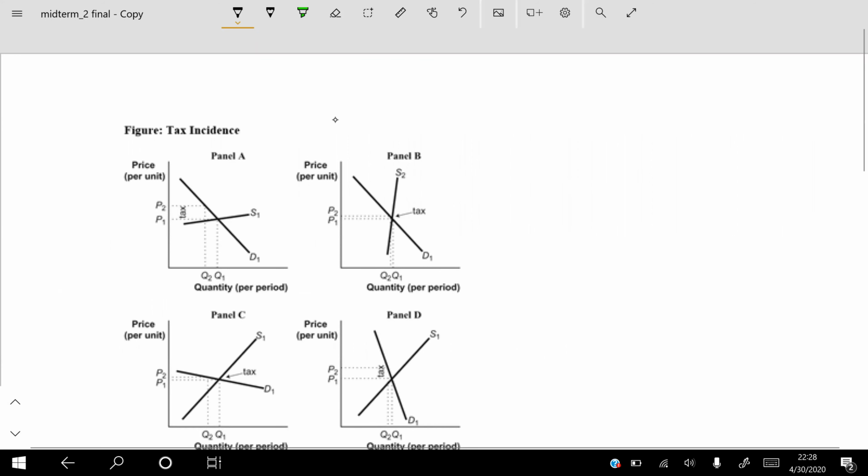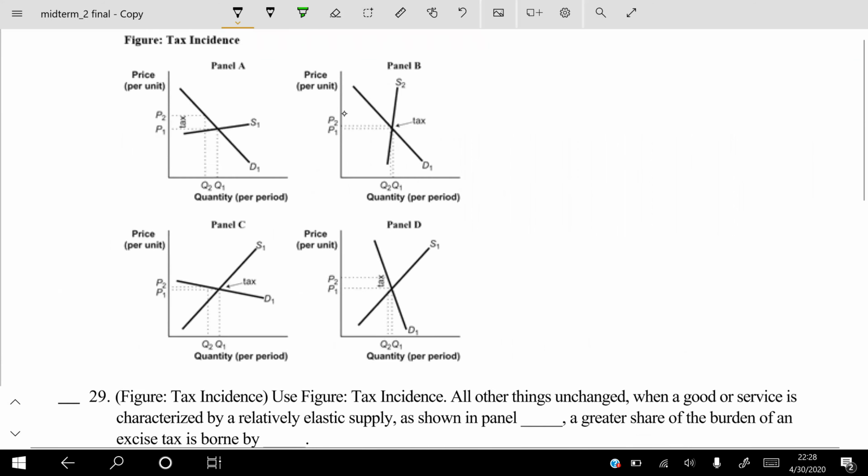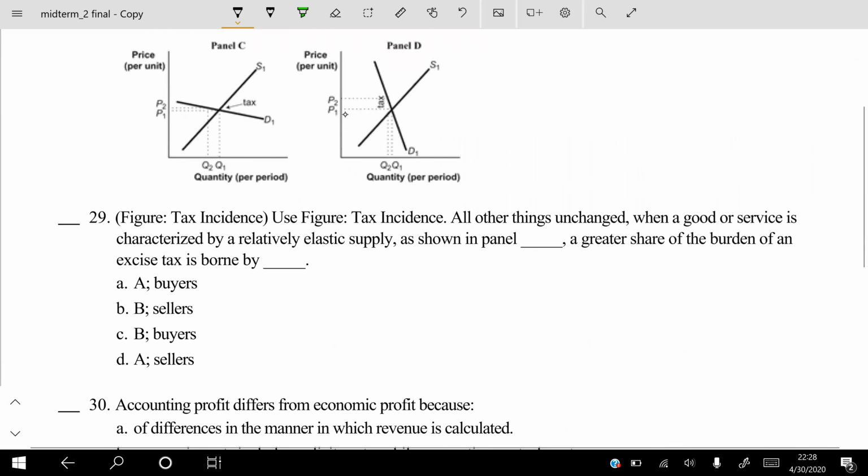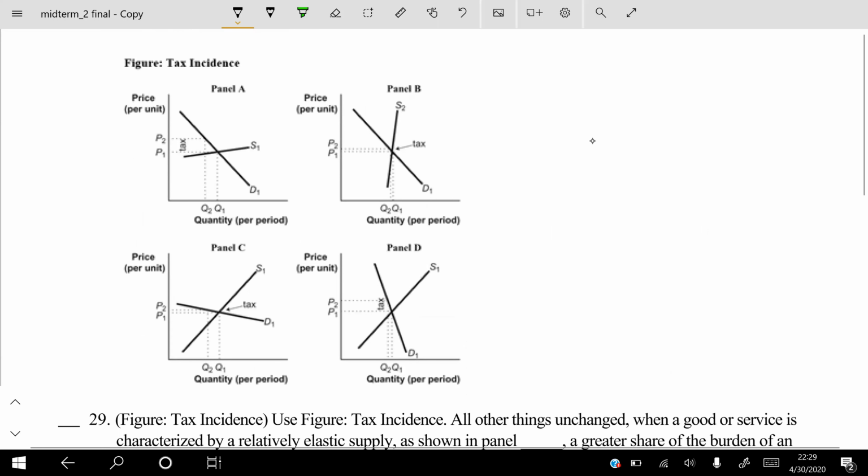So we're given 4 panels. Let's read the question first. All other things unchanged, when a good or service is characterized by a relatively elastic supply, as shown in panel blank, a greater share of the burden of the excise tax is borne by whom? Well, let's see which one of these is the most elastic here.